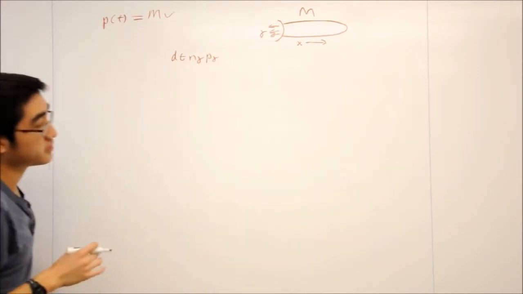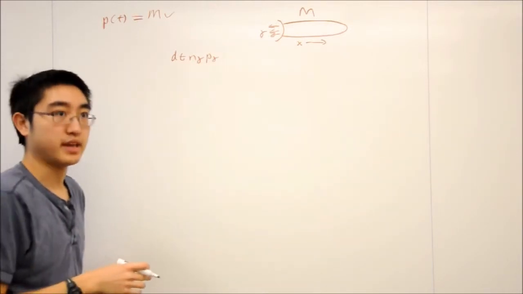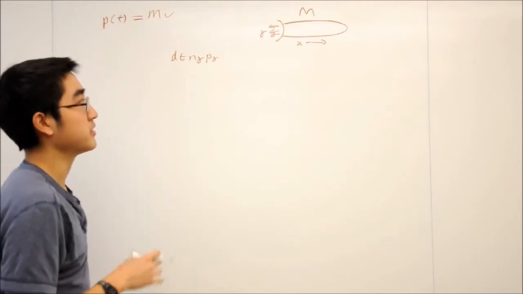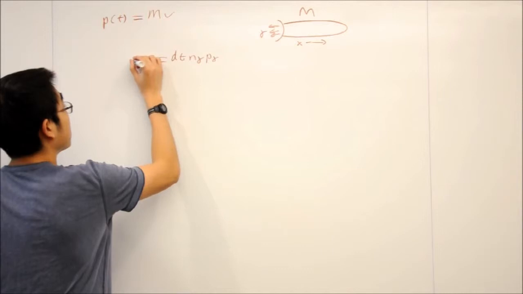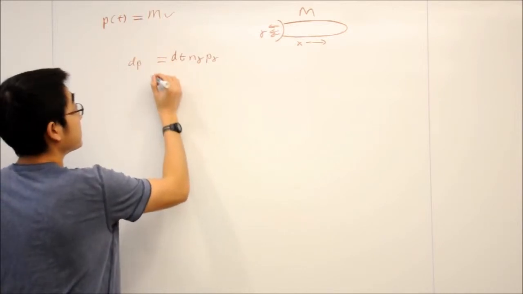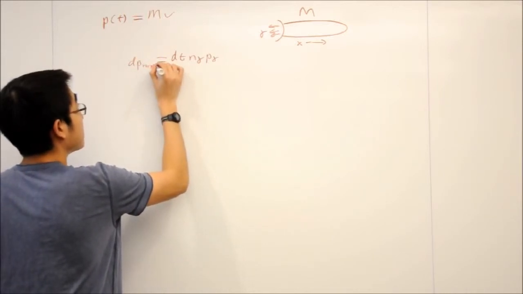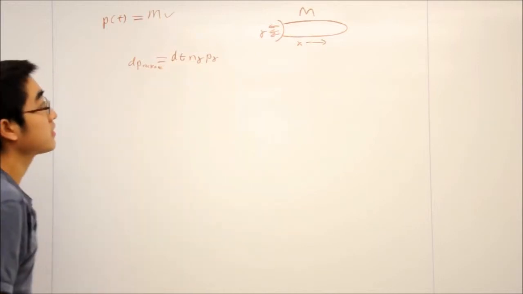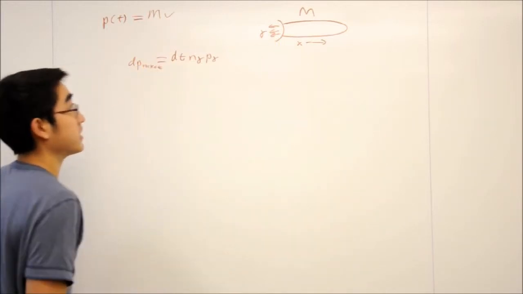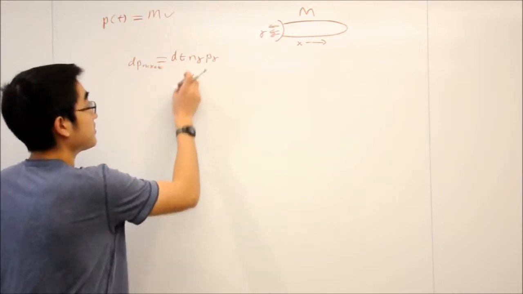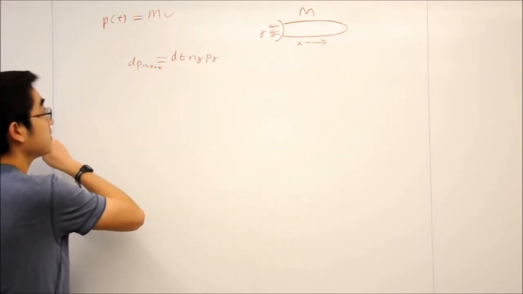Now since momentum is conserved, the rocket must gain the same amount of momentum in the right direction. So that means that dp rocket, which is the momentum it gains from the photons being emitted, is equal to dt times n lambda times p lambda.